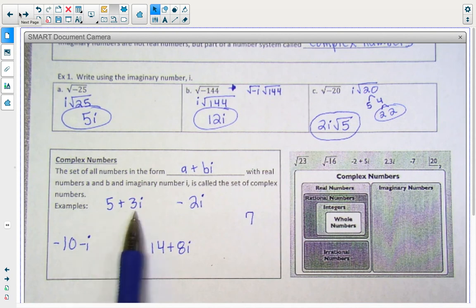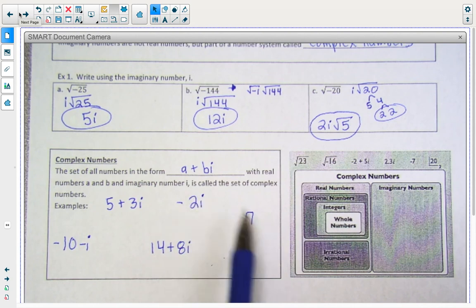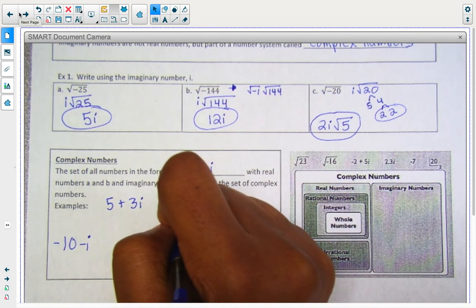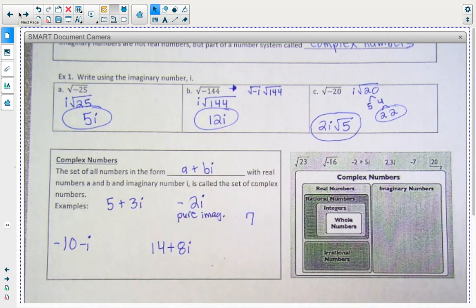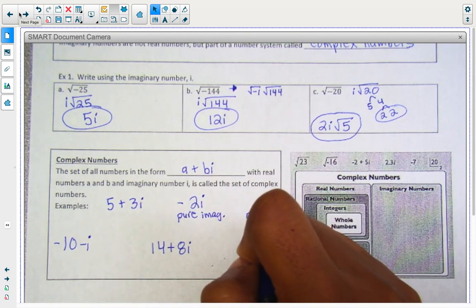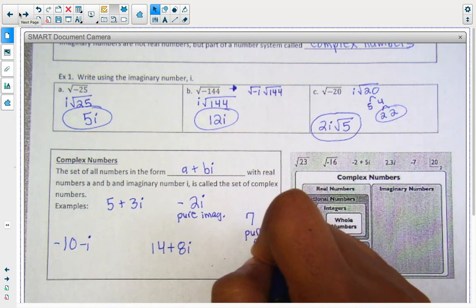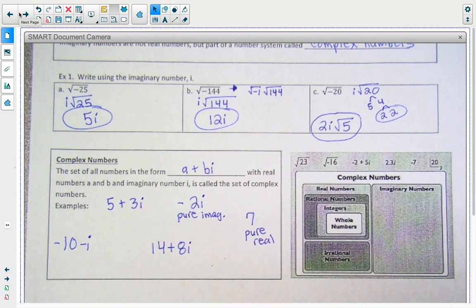Real, imaginary, real, imaginary, real, imaginary. These two only have one part. This one is a pure imaginary number, and this one is a pure real number, meaning it doesn't have anything imaginary to it. Now, I could add zeros to both of them, but that's not necessary.